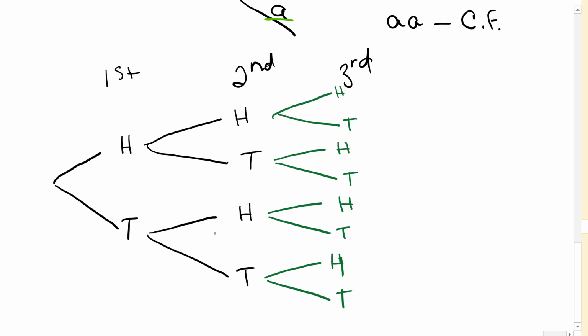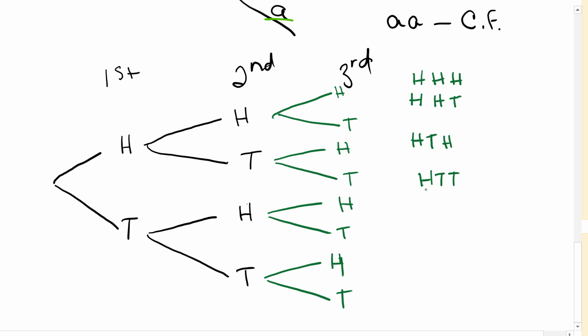So if you look at our possible outcomes, we have 3 heads. We have a head, head, tail. Or we have a head, tail, head. This possibility right here is a head, tail, tail.